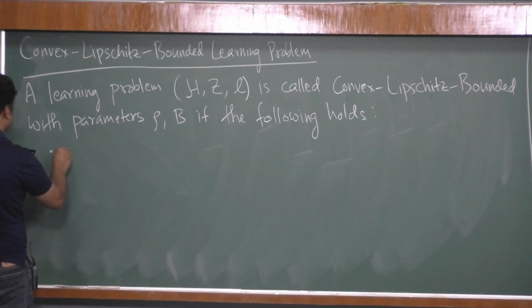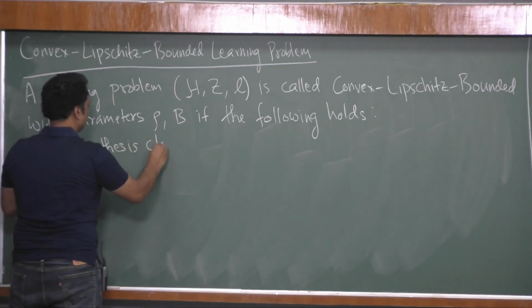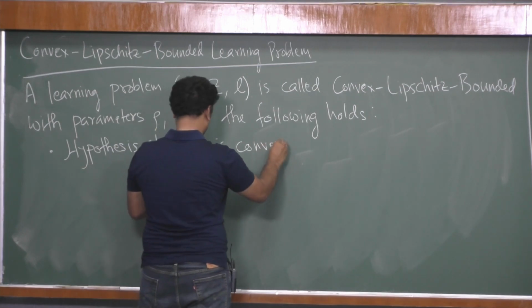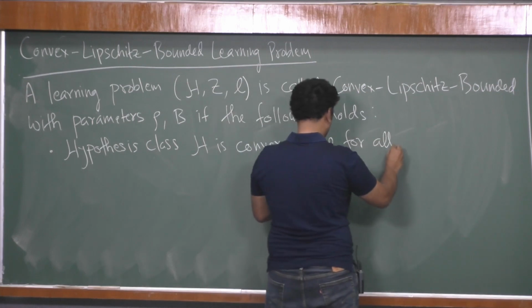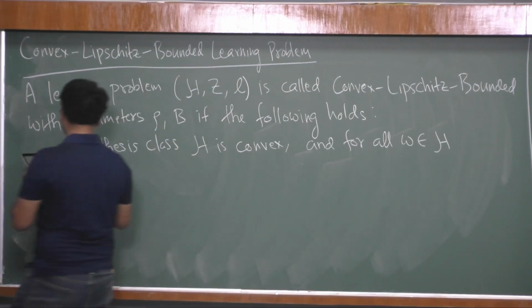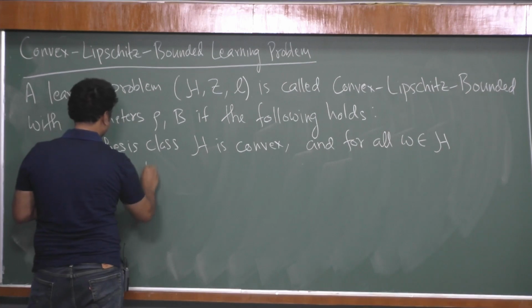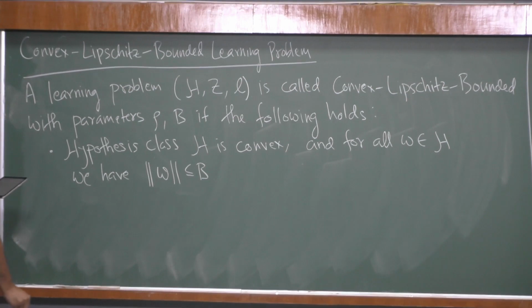So in this case, the hypothesis class H is convex, and for all w in H, we have the norm of w less than or equal to B. And then we also need the Lipschitz continuity as an additional argument.